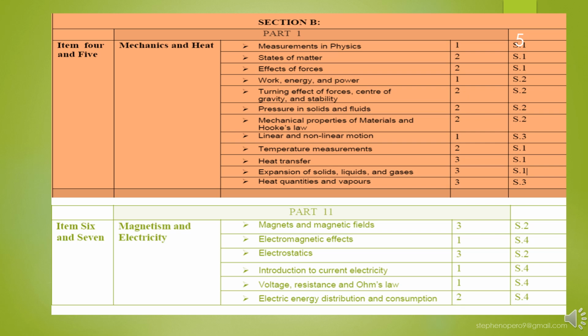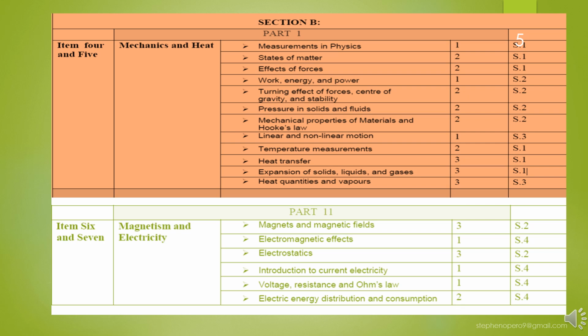Then part 2 of section B, we have two items, that is item number 6 and item number 7. Item number 6 is always coming from magnetism, and item number 7 automatically electricity.